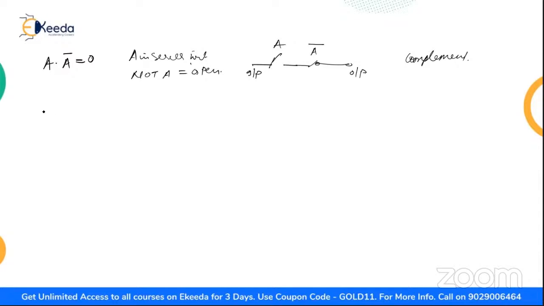Another one is A plus B equal to B plus A. So consider these as currents. A in parallel with B is equal to B in parallel with A. So parallel circuits.